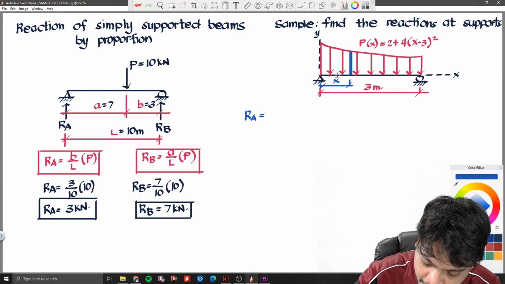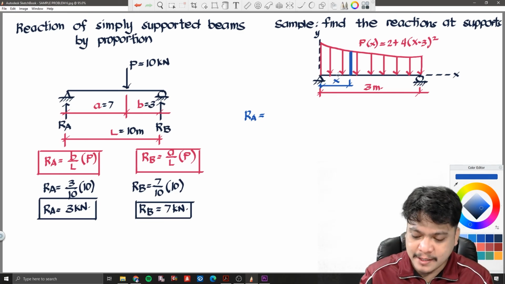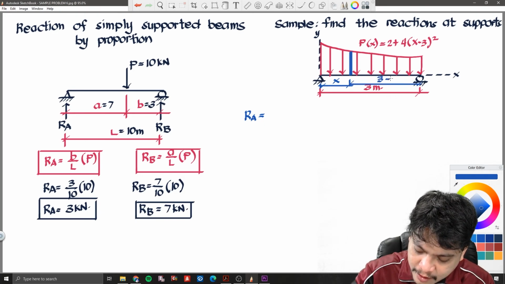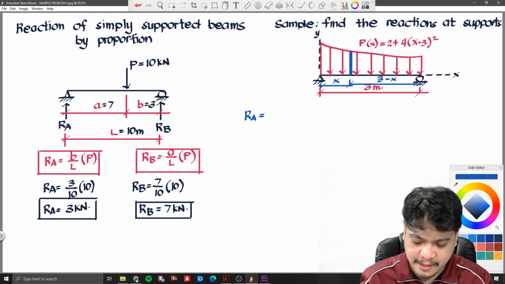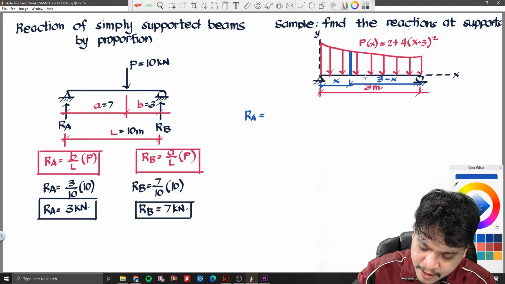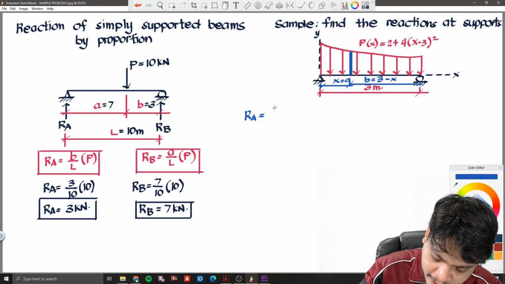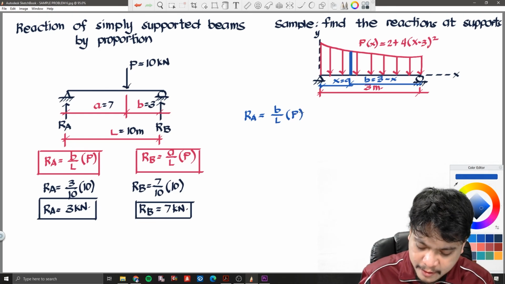Okay, so hindi ko yun alam. So that is my x distance. And then, yung remaining dito, that would now become equals to 3 minus x. Okay? So this now would become my b. And this now would become my a. So, ang L ko, so that is B all over L multiplied by P. Okay?